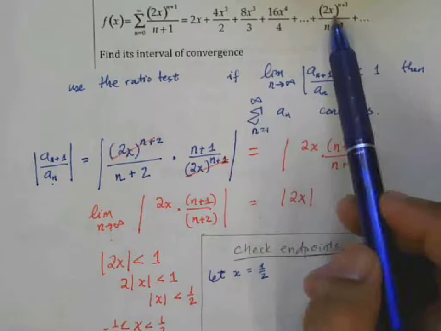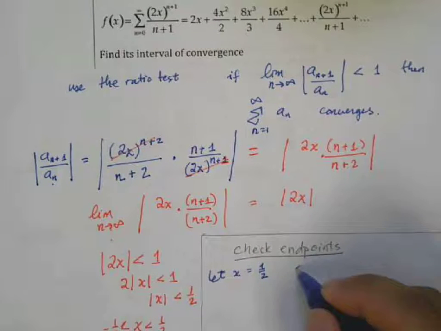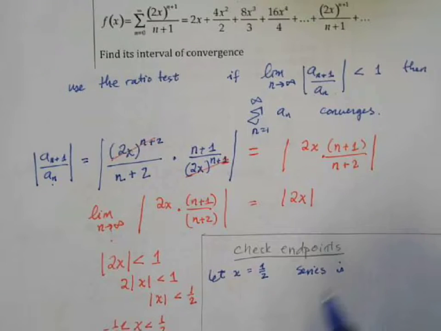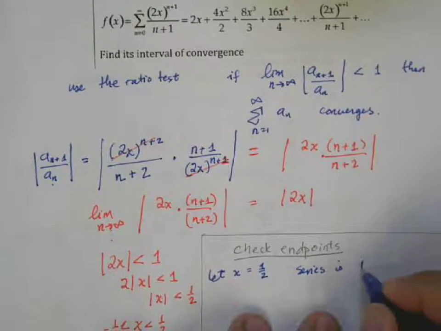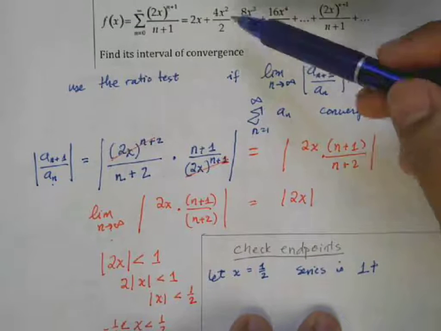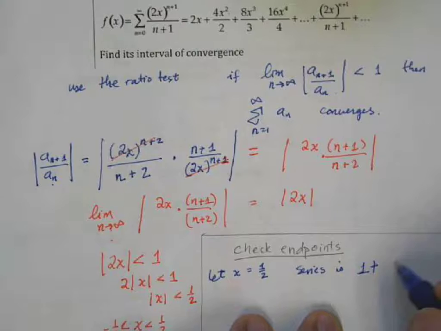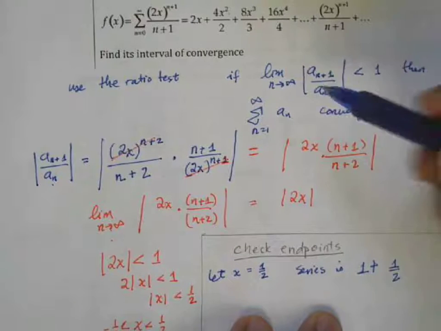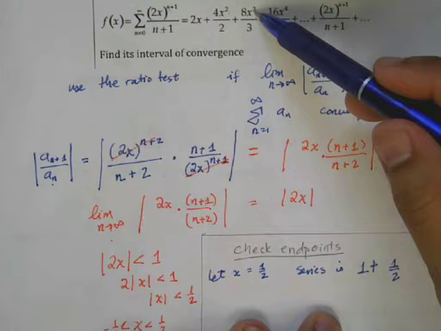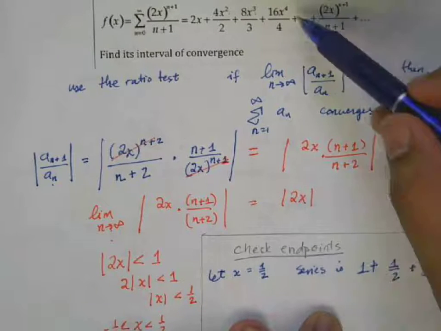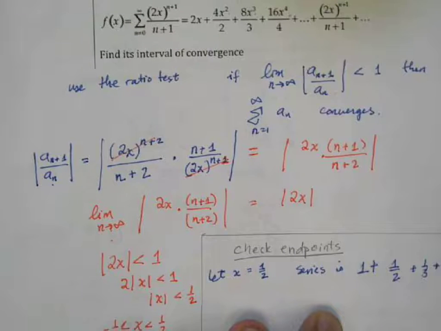The series that we have is 1/2 times 2, so that's just 1, plus 1/2 squared times 4, so 1/4 times 4, so that's just 1 over 2. Then 1/2 cubed is 1/8 times 8, which is 1 over 3, plus 1/2 to the 4th, which is 1/16 times 16, which is 1 over 4, and so on.